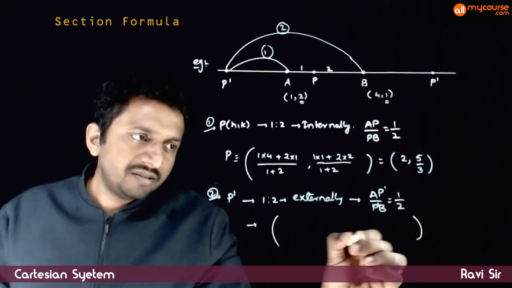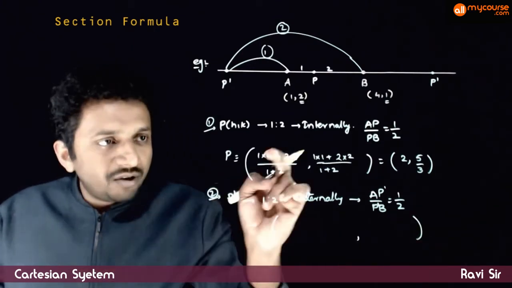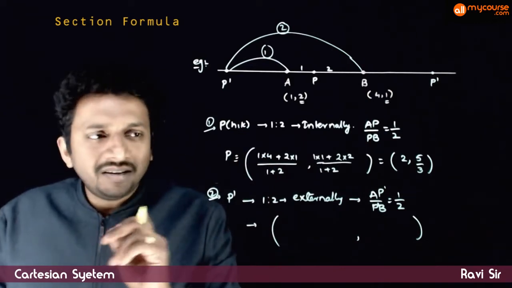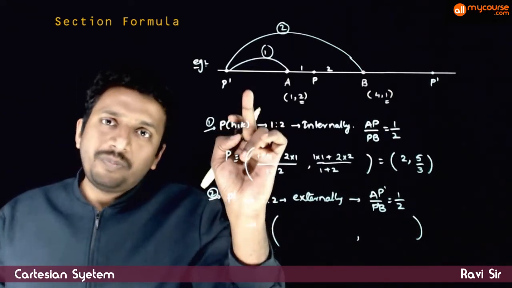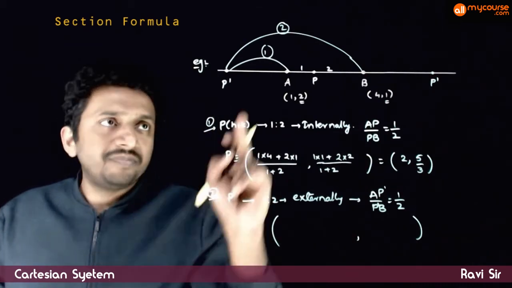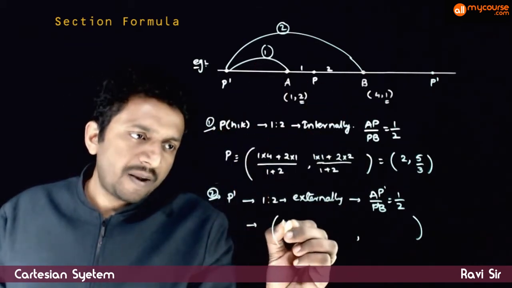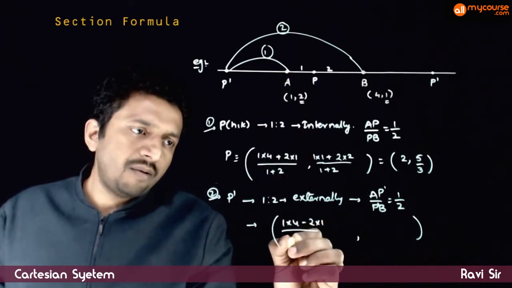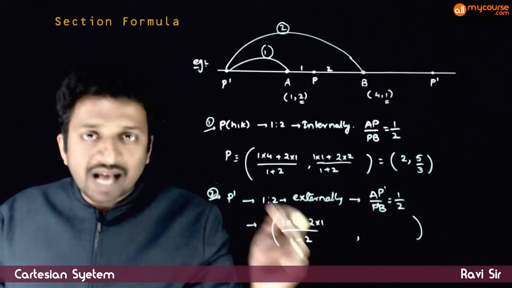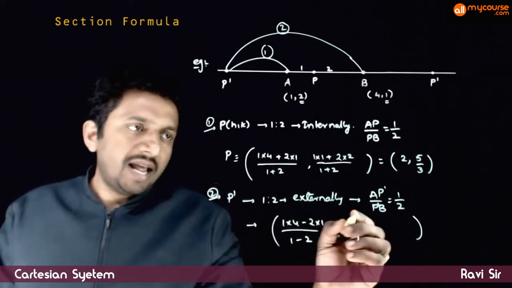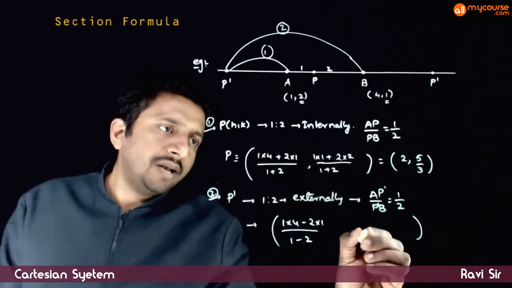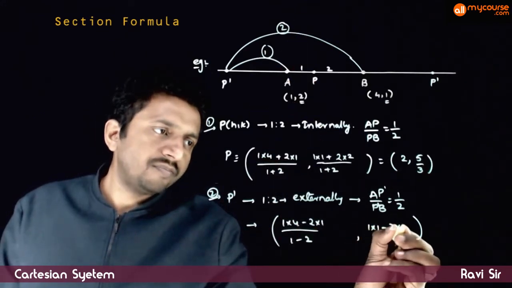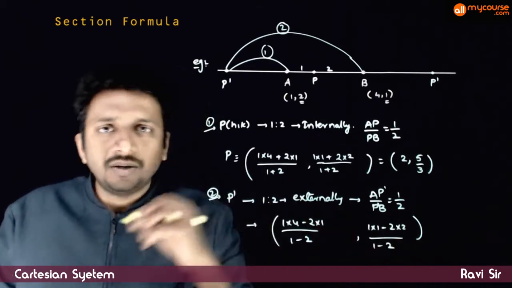So let us use the formula. In the formula, instead of plus, have a minus sign. That's the only difference. So again, the formula is (mx2 minus nx1) by (m minus n). 1 into 4 minus 2 into 1 by 1 minus 2. In the numerator as well as denominator, you get a minus. And 1 into 1 minus 2 into 2 by 1 minus 2.